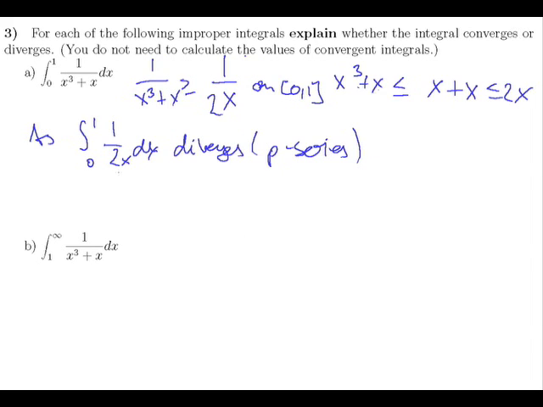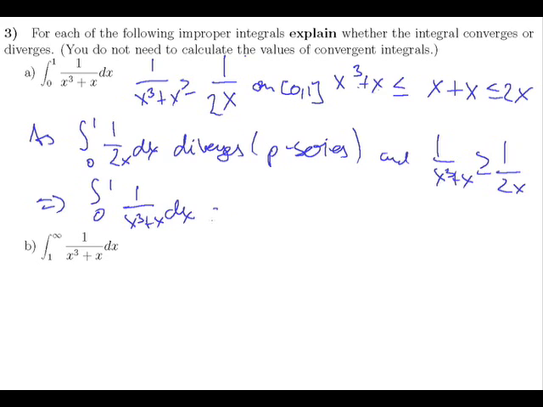So this integral diverges, and 1 over x cubed plus x is greater or equal than 1 over 2x. We can conclude that the integral from 0 to 1 of 1 over x cubed plus x dx also diverges. And that is it.